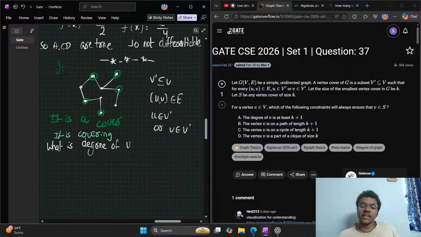The vertex v is on a path of length k plus 1. There is no mandatory existence of a path. A vertex v is part of a clique of size k.